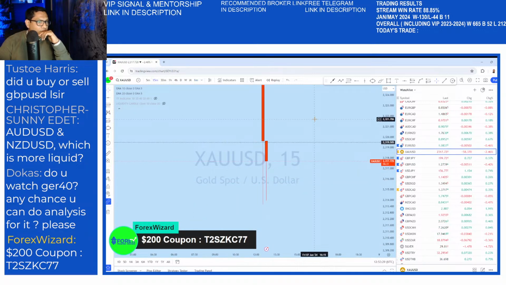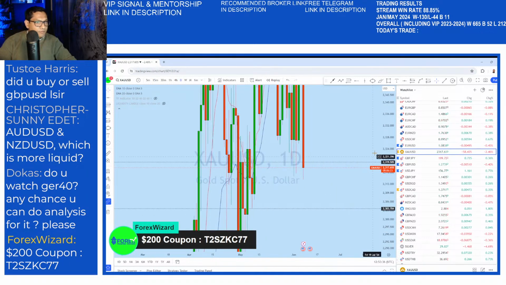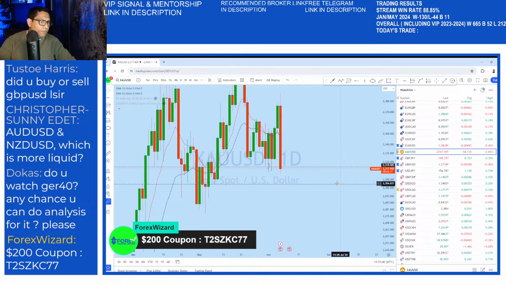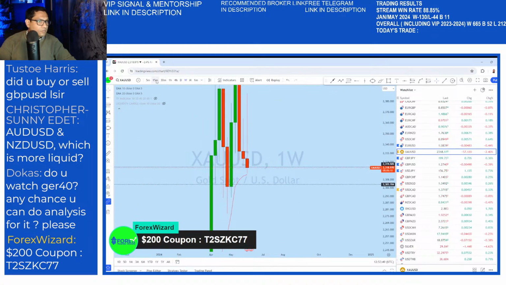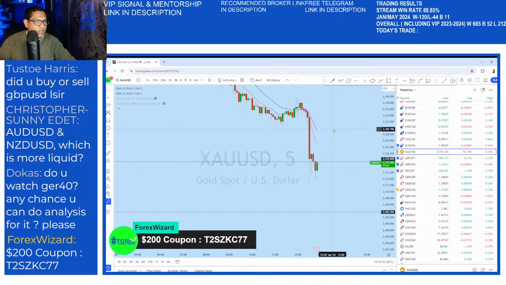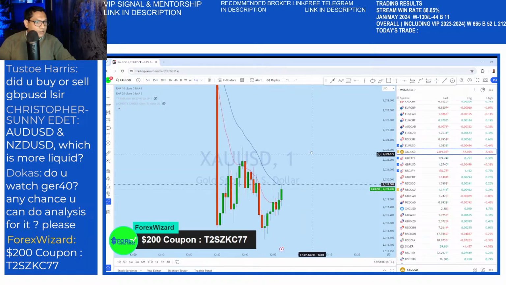So the 15 minutes, daily. So from the daily today so far, huge break below, and because the market has managed to break below, almost reach the resistance line. We look at the 1 minute.